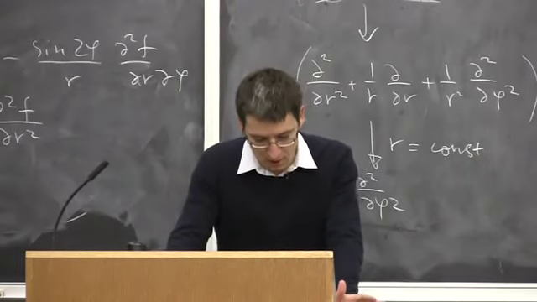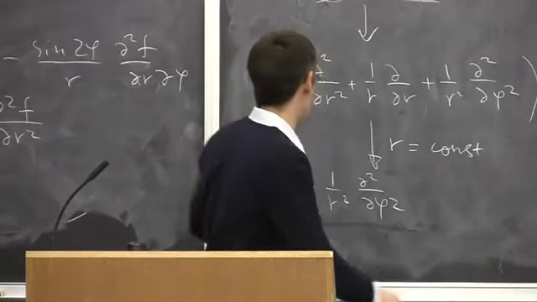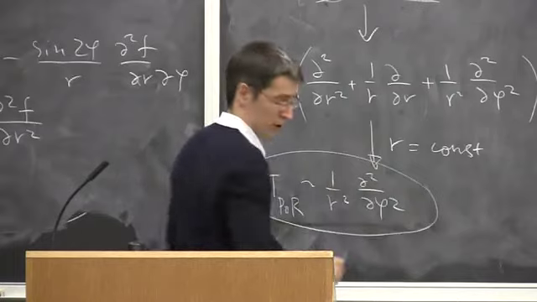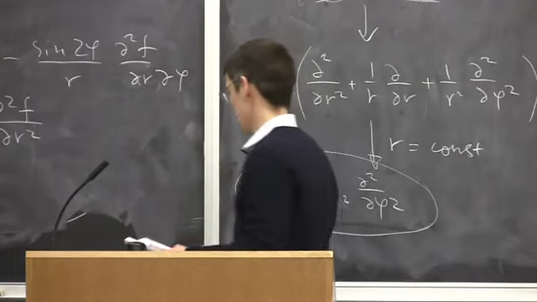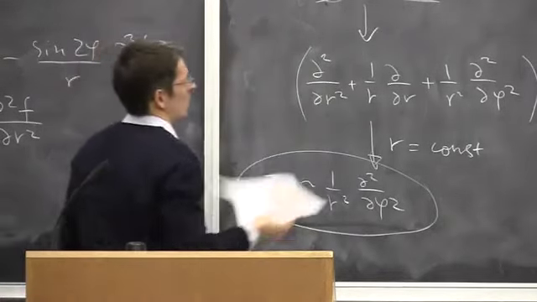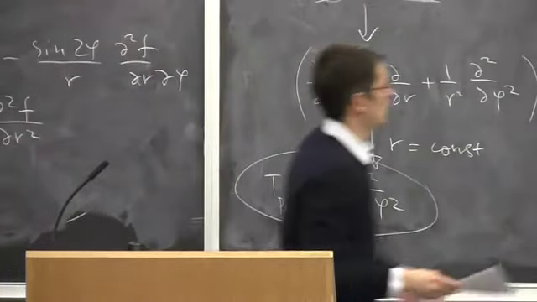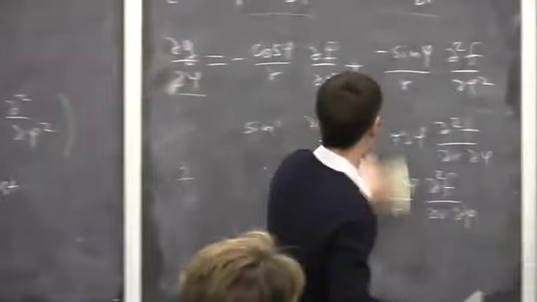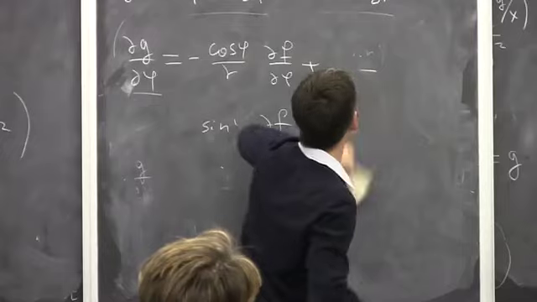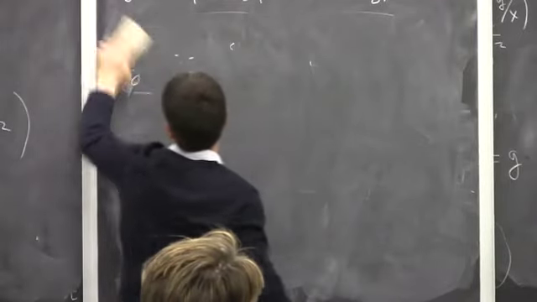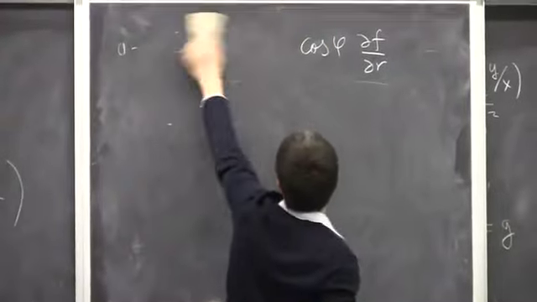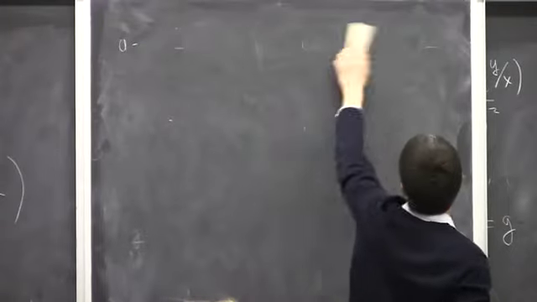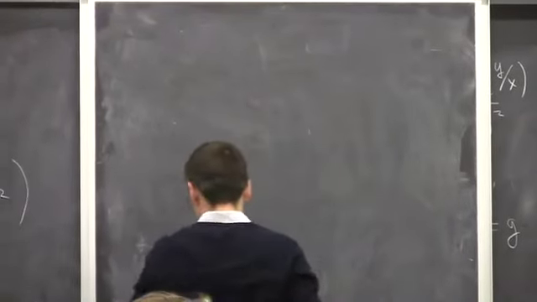Okay, so let's now consider this situation, particle in the ring. And this, by the way, is in my notes, so no need to copy it, really. All right, so particle in the ring.